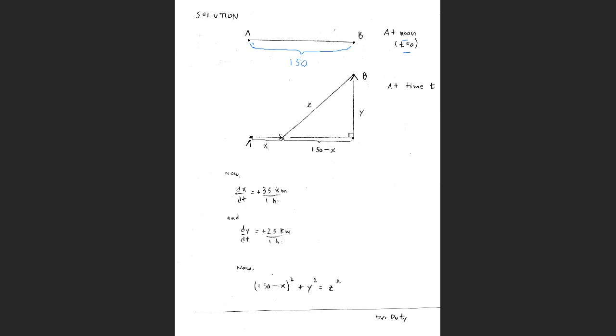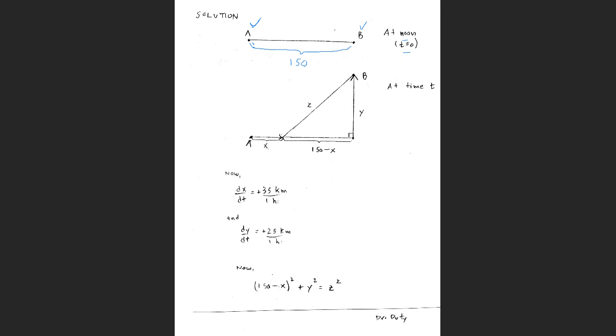Ship A is 150 kilometers west of ship B. So at noon, this is what the ships look like.